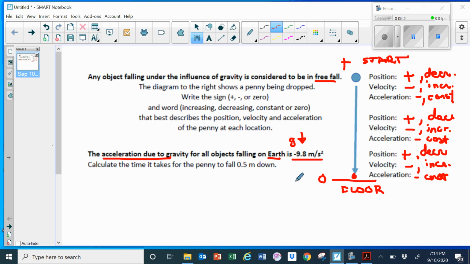So now we want to calculate the time it takes for a penny to fall 0.5 meters down to the floor. Okay? Now, what are my givens? First of all, I'm going to write my givens.